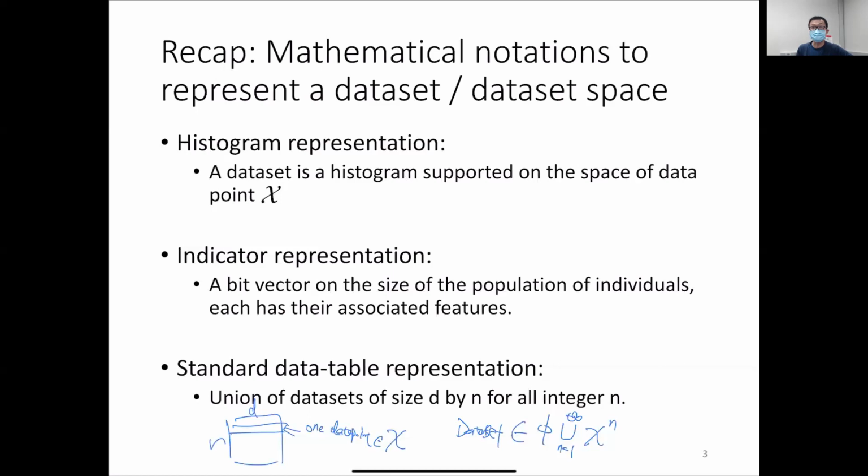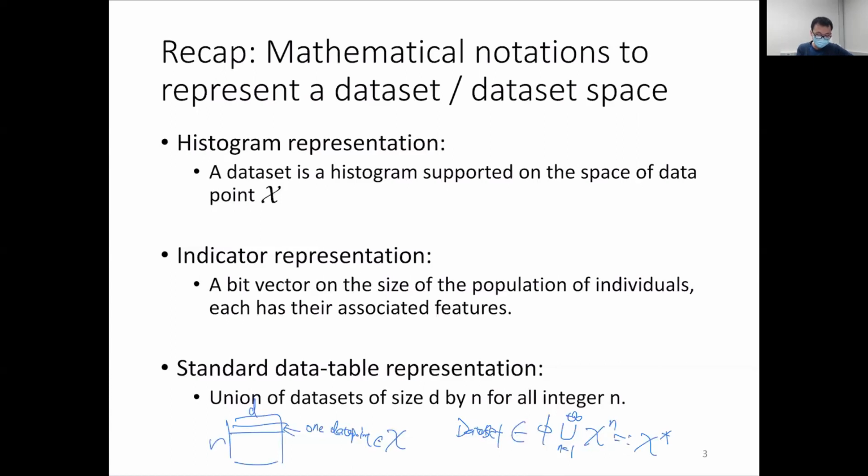So they live in the product space of an n-tuple of individual elements. This is the standard representation, and we call this X star, with a star in the superscript representing the unspecified size of the data.